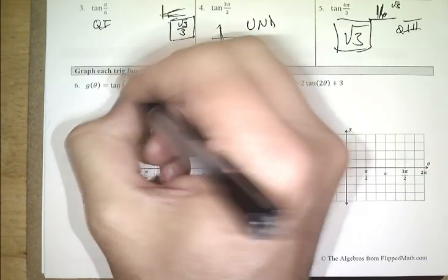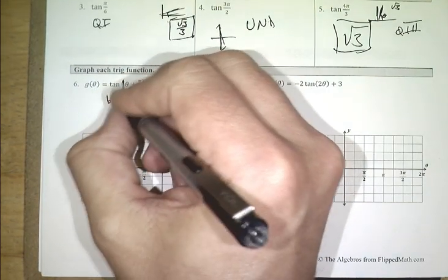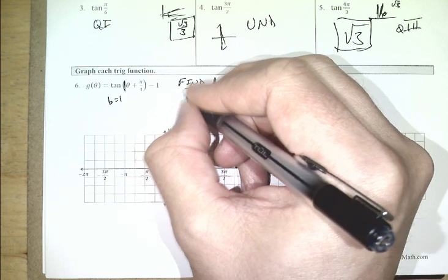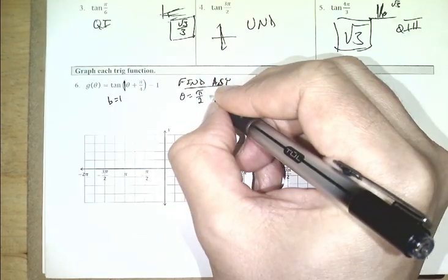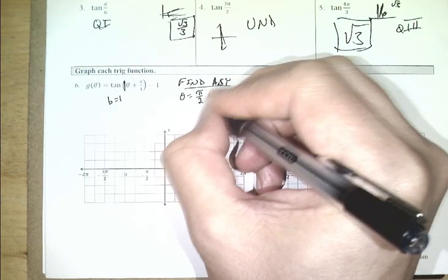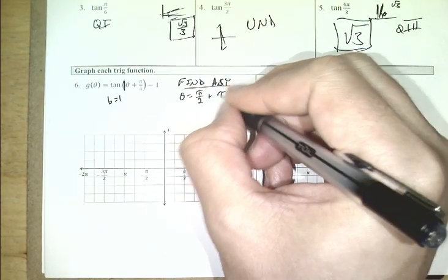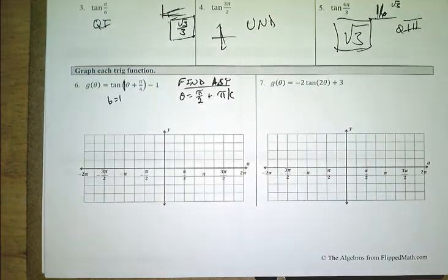Here, b is 1. So we will have theta equals pi over 2 plus 2 times 1, which is just 2 pi k. Because b is 1, it doesn't change.